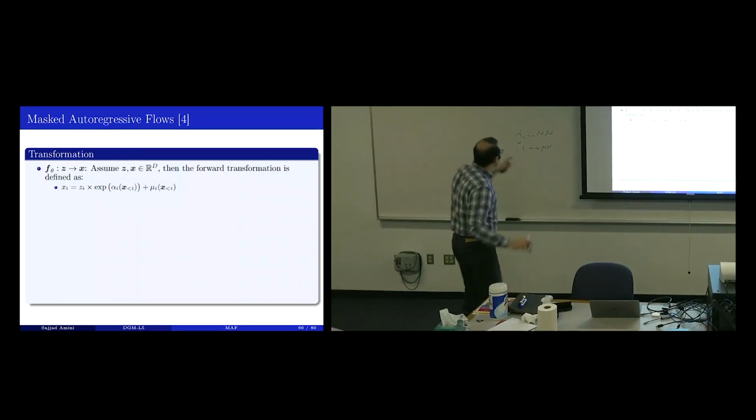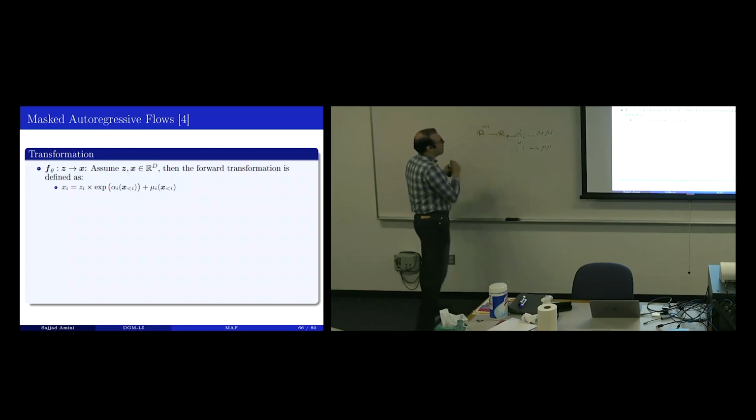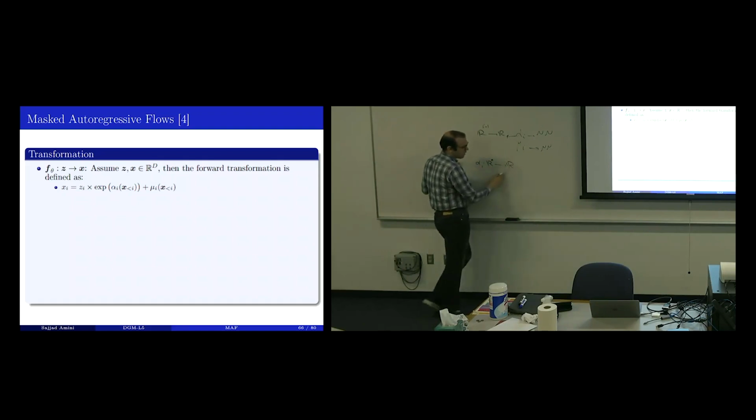So pay attention that alpha i is from R of the dimension i minus 1 to R. It means that for i equals 1, for example, alpha 1 is a function from R0, which means that it has no input, into the scalar.